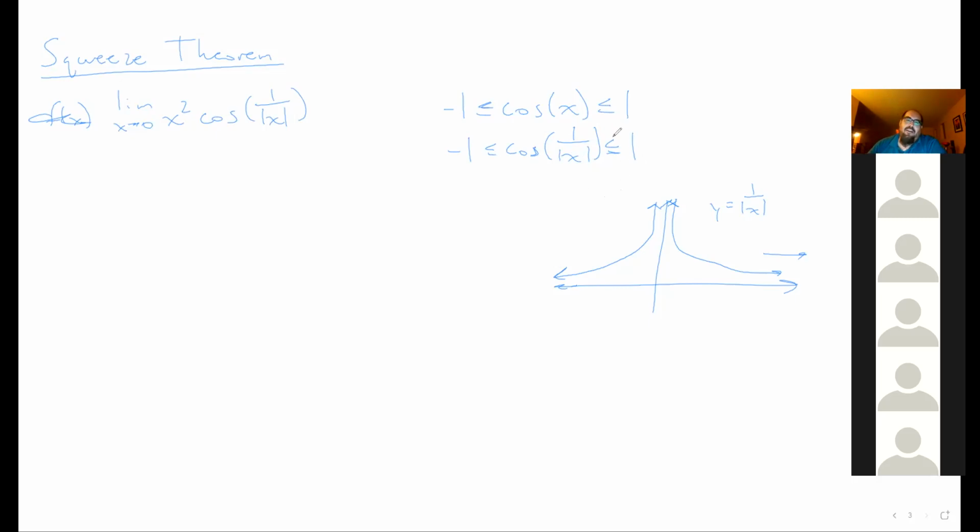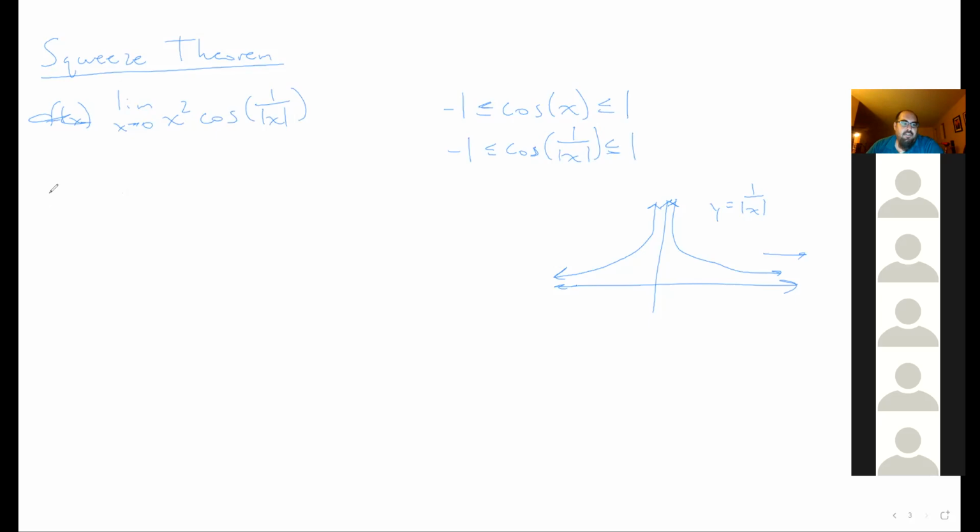So no matter how weird the argument to that cosine function is, you're always bounded between -1 and 1. And so it doesn't matter what's inside the parentheses after cosine? Right, as long as it's well defined, and cosine always is.